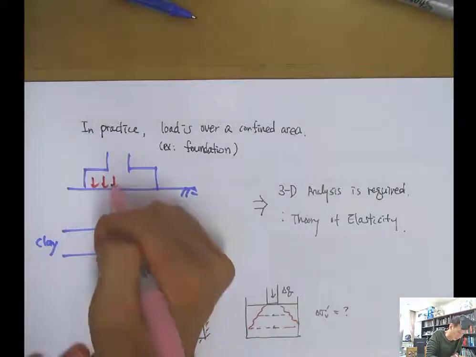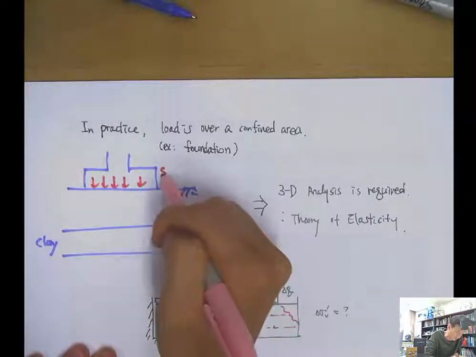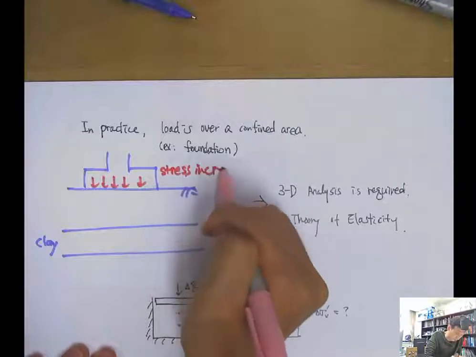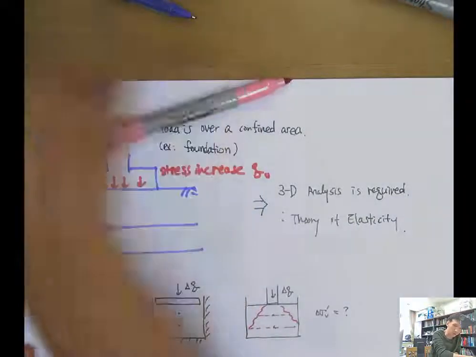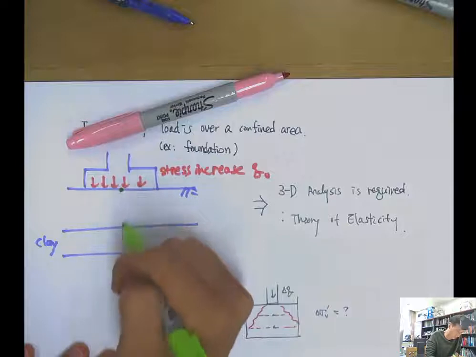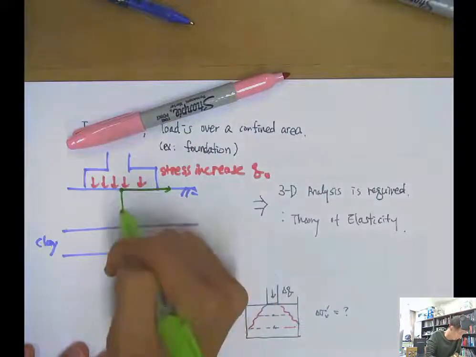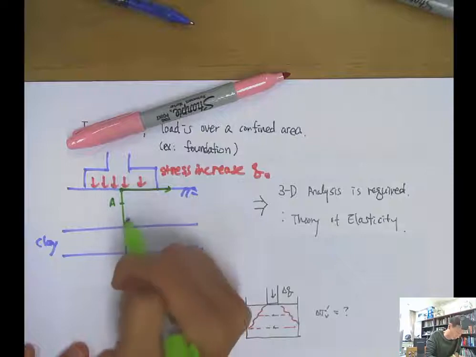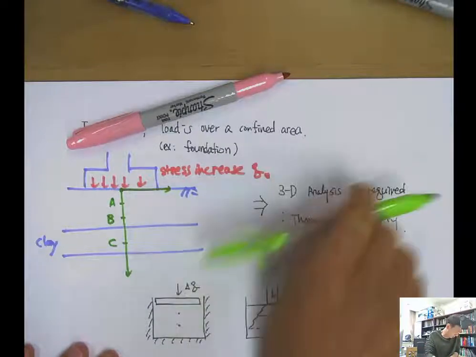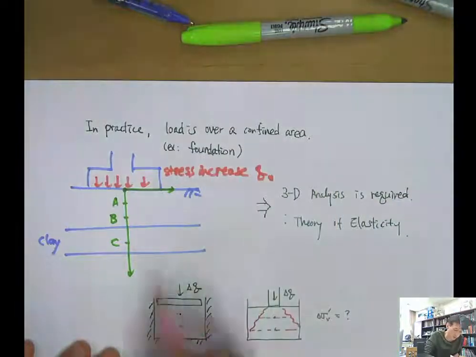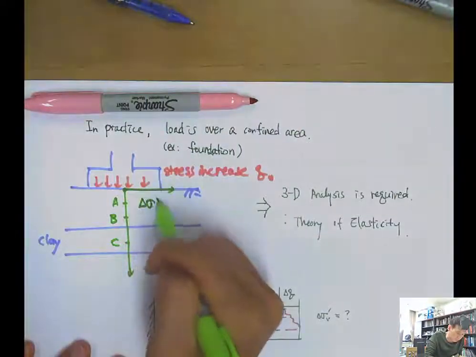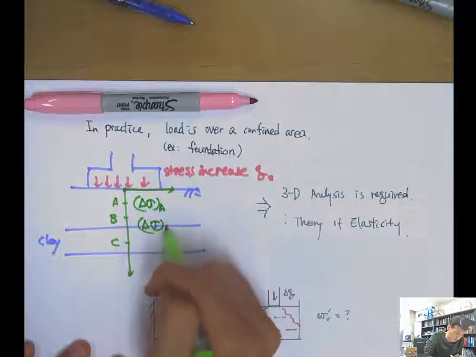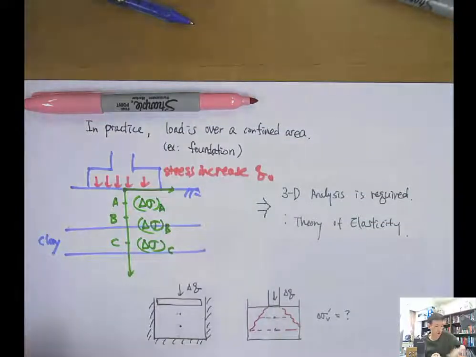Then you have a stress increase, Q naught, and with depth, maybe we can say point A, point B, point C. The vertical stress increases at A, B, and C are not the same.